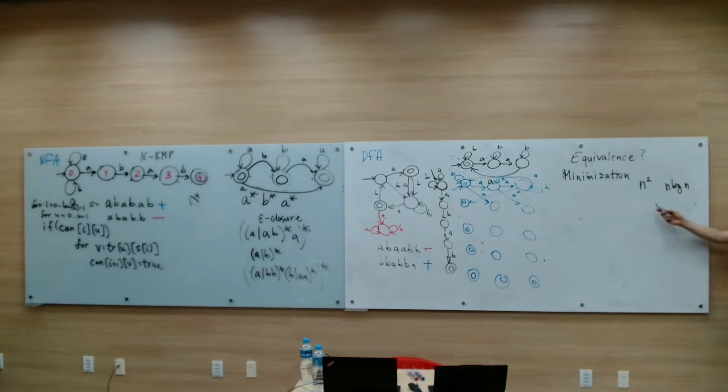So n squared was not an option, and I knew I teach this algorithm at the university, so I told my teammates, okay, we are safe. I know this algorithm, I'm teaching it, and I tried to write it. Actually, it took like 2 hours, and it still didn't work.